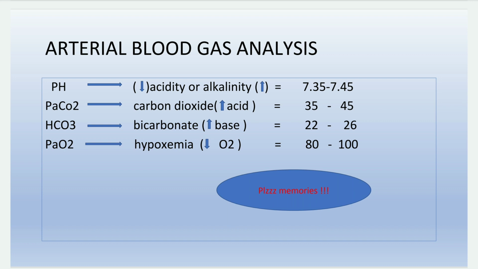Third one, HCO3, is just opposite. High HCO3 is in the base side, and less HCO3 or bicarbonate is in acidic side. Again, I just want to remind you, bicarbonate is regulated by the kidney.